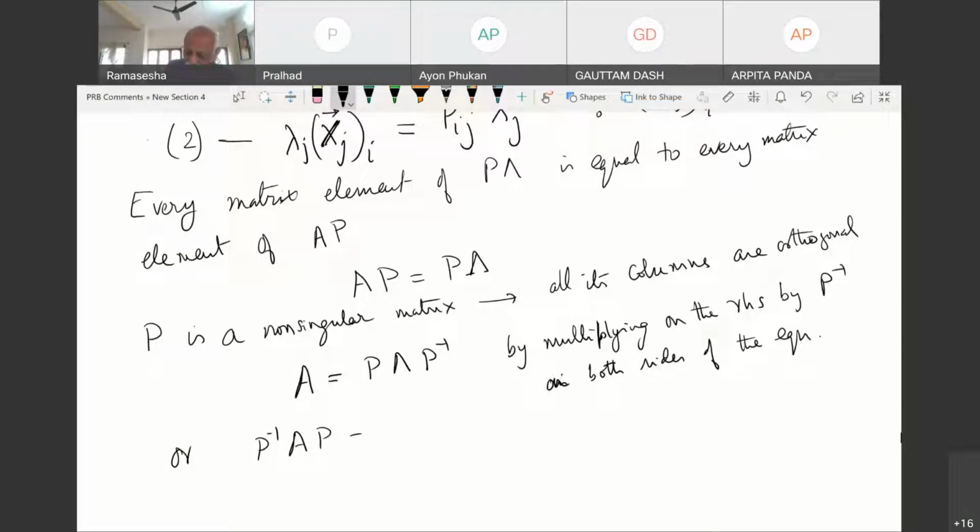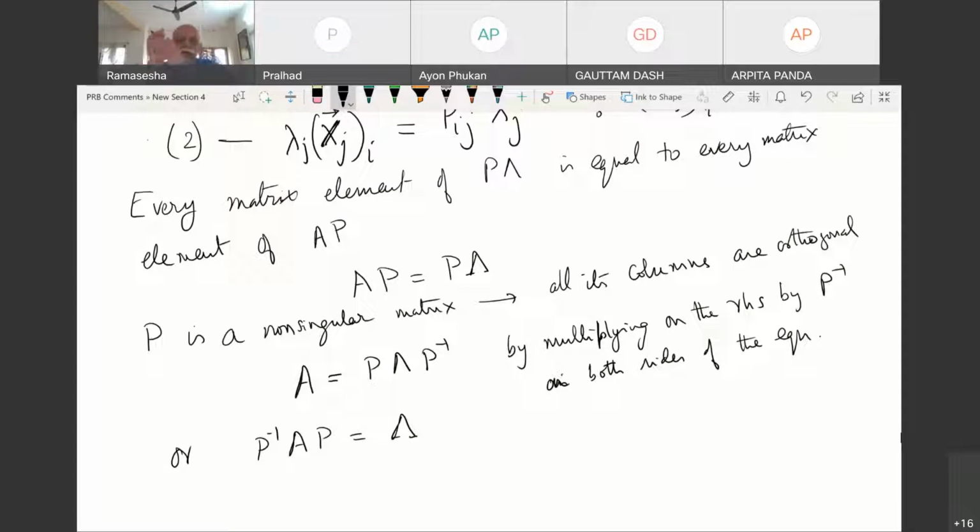All I did was left multiply by P inverse. Or in other words, I have AP equal to P lambda. I left multiply by P inverse, then I get P inverse AP is equal to lambda. So these are the two relationships which are very important.